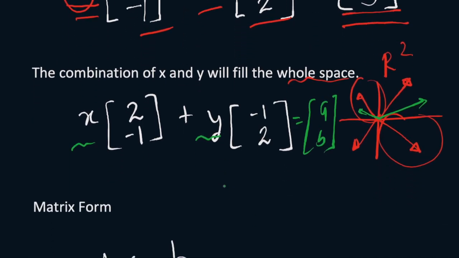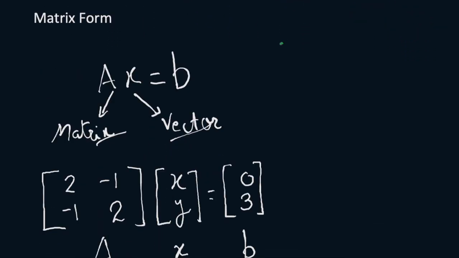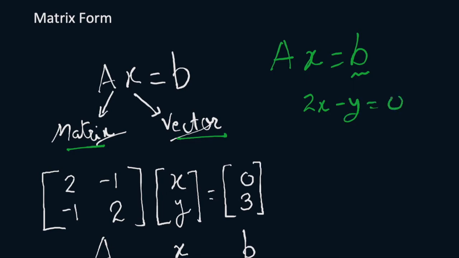Now let us look at the matrix form. Here our A is a matrix, x is our vector and this equals the answer b. So our equation was 2x minus y equals 0, minus x plus 2y equals 3.